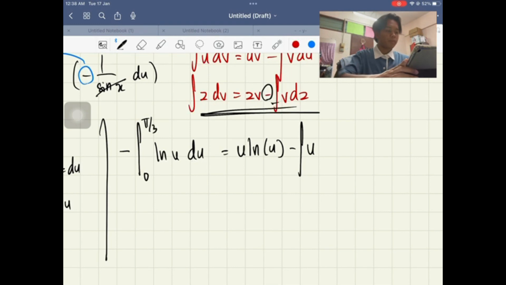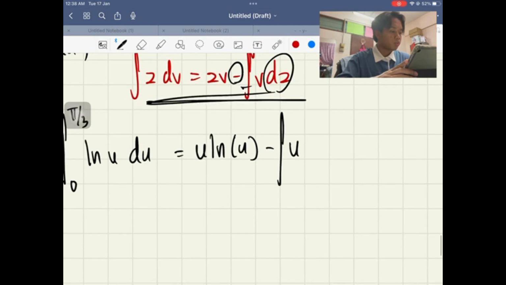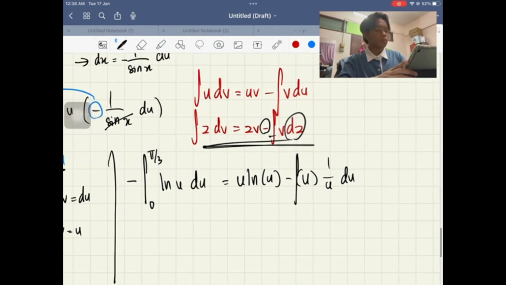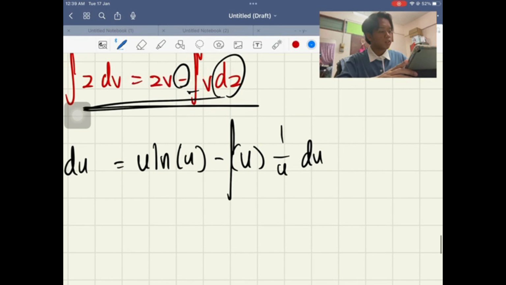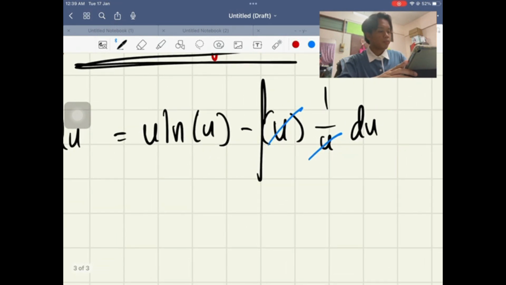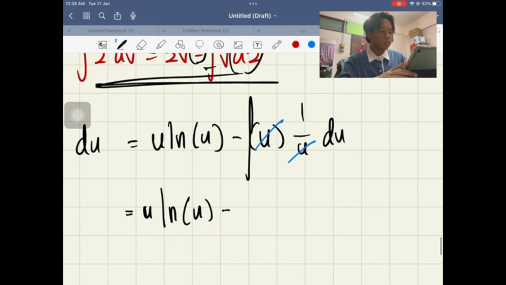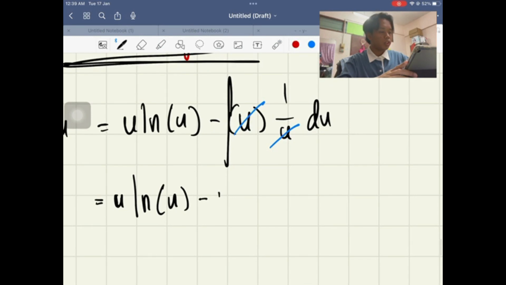So v is u and dz is 1 over u du. So we can see here, we can cancel out u, and then this will be u ln u minus integrate 1 du, which is u.